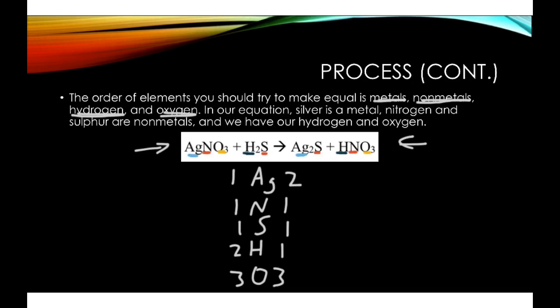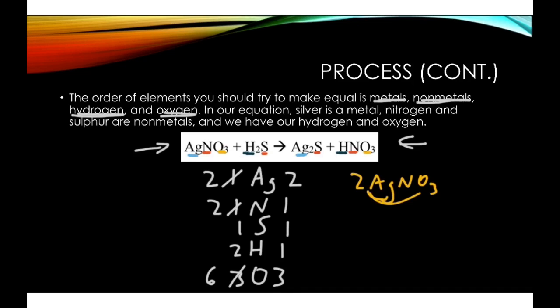So, what I could do, I'll write it right here so you guys can see, is for my AgNO3, I can put a 2 in front of it, and then that'll distribute to everything here. So, I will end up increasing my Ag to 2, my N to 2, and my oxygen to 6. So now that'll affect what I need to do on the other side as well.